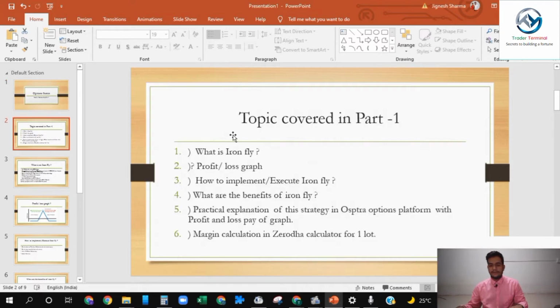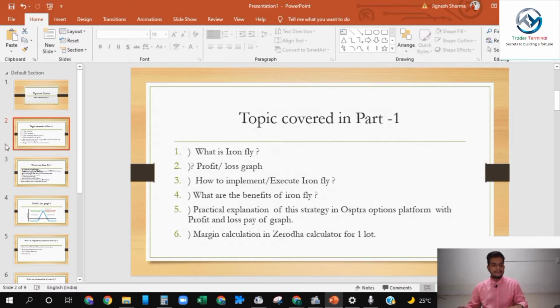The topics which I am going to cover in this part 1 are: what is iron fly, the profit and loss graph, how to implement and execute iron fly, what are the benefits of iron fly, and a practical explanation of this strategy in the Ostra option platform with the profit and loss payoff graph, and margin calculation in the Zerodha calculator: for one lot, how much margin do we require to implement this strategy.